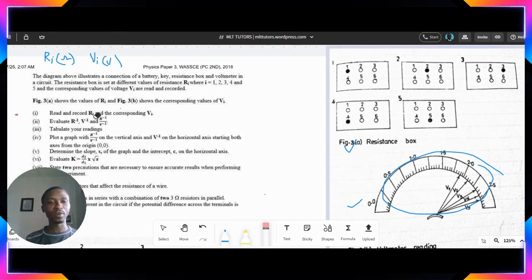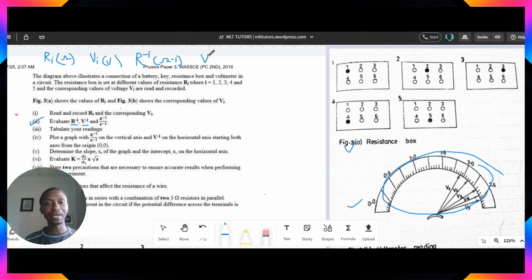Moving to Roman figure 2 of the question: evaluate R inverse, V inverse, and R inverse over V inverse. R inverse is the inverse of the resistance values we got earlier, and its unit will be per ohm. We also get the inverse of the voltage values from the experiment, and its unit will be per volt.